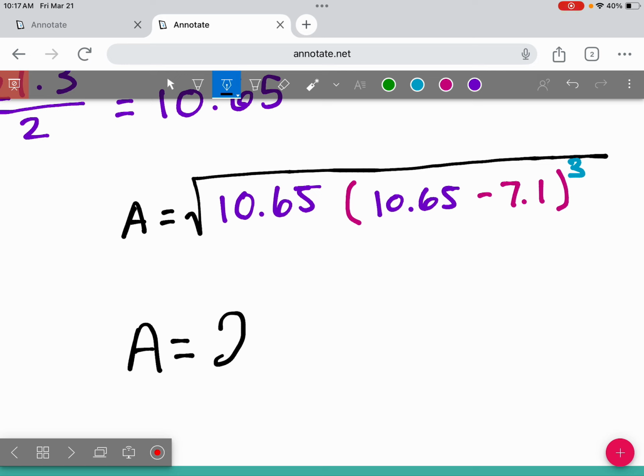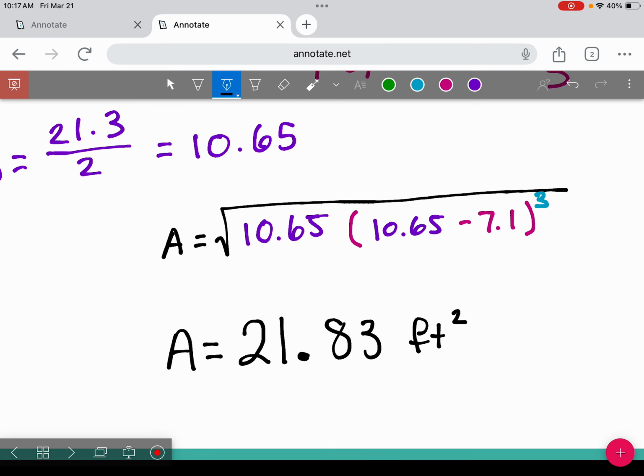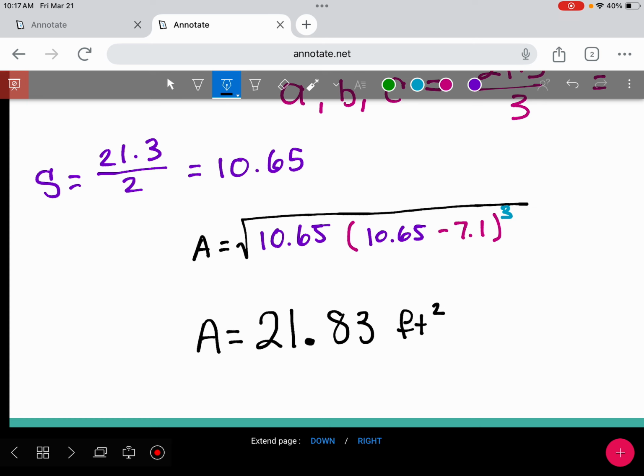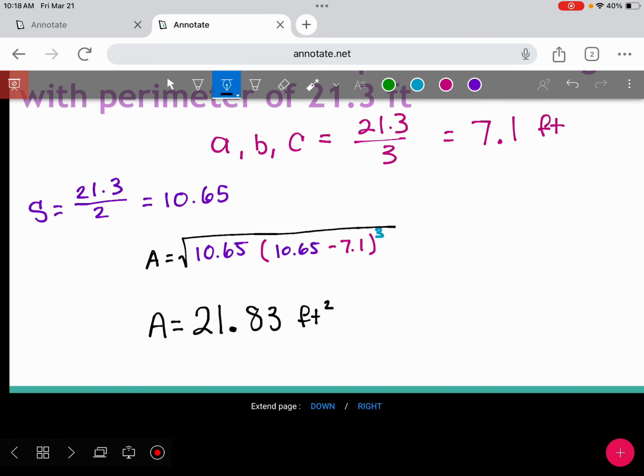Yeah, we should get 8.3 feet squared. I'm having a hard time reading my own handwriting, so I'm assuming 8.3 is right, since none of us are freaking out about the decimals.